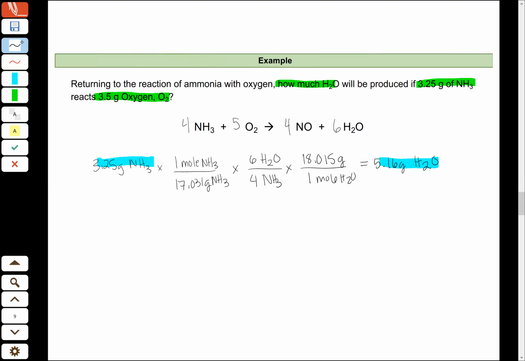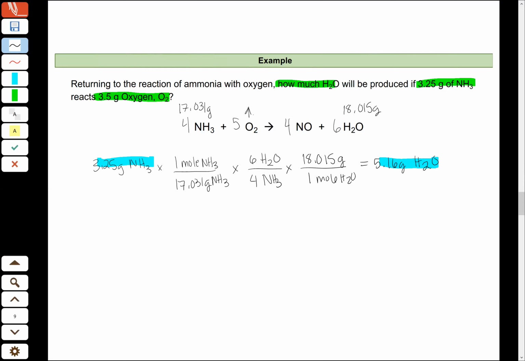So to do this one, we already have a balanced equation, but we are going to need to know the molar mass of oxygen. From our previous problem, we calculated the molar mass of NH3 was 17.031 grams, and water was 18.015 grams.